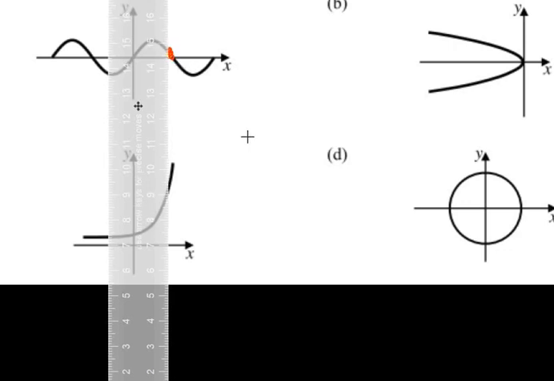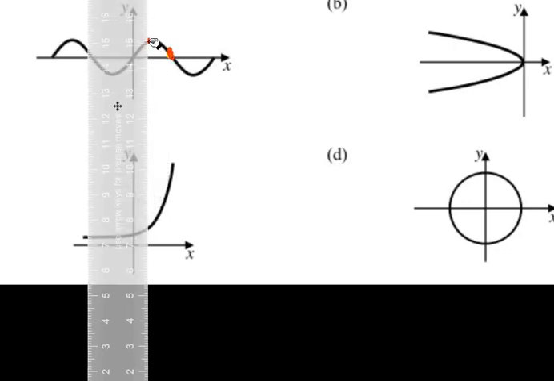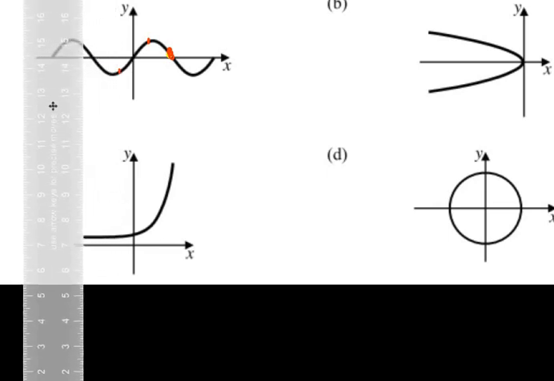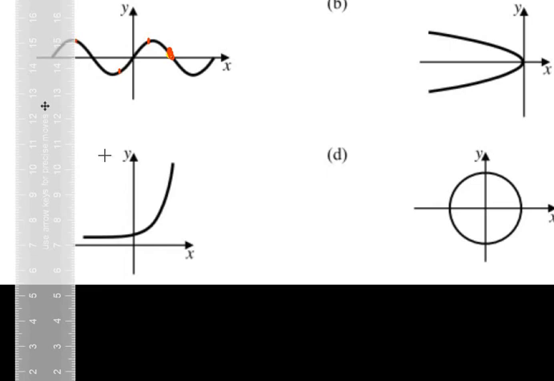At each point, it's only touching once. Then I move it again. Very nice, it's only touching once. Therefore we can agree that this thing is a function. Then we're going to come back and tell whether that function is a one-to-one or many-to-one.